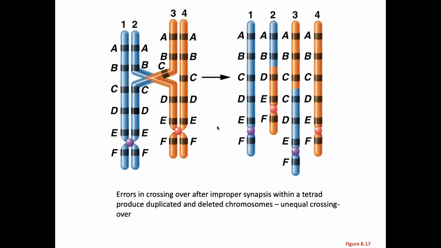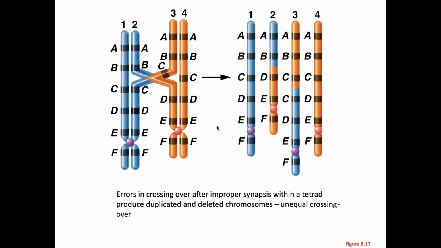All of the cells of the offspring would then be generated through mitotic events after zygote production, and therefore all of the cells of the offspring would carry the deleted chromosome, 100% of the somatic cells.